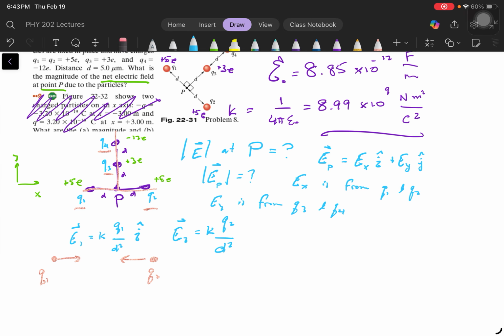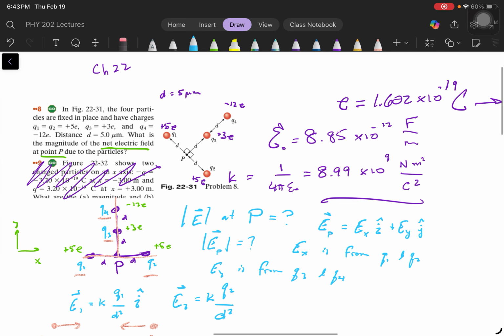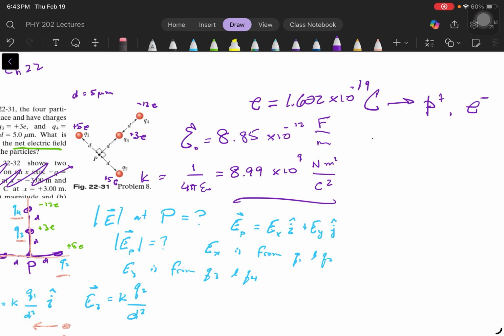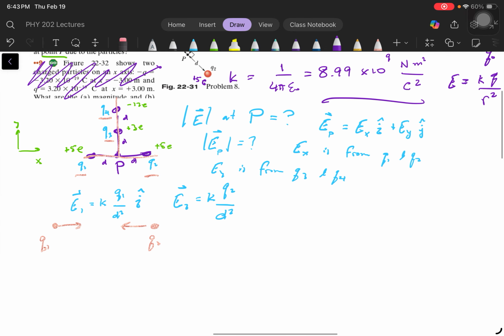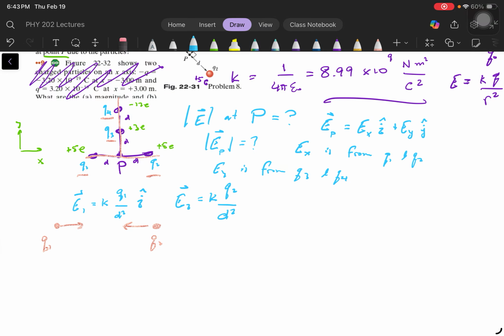And we're just using the formula E is equal to F over q is equal to KQ over r squared, right? And so back to E2, this is also in the i hat direction, but it's negative since it's pointing to the left.